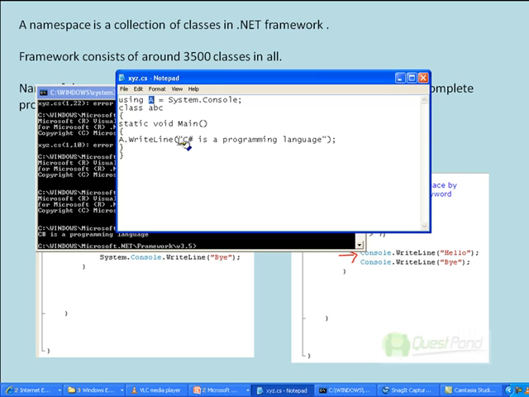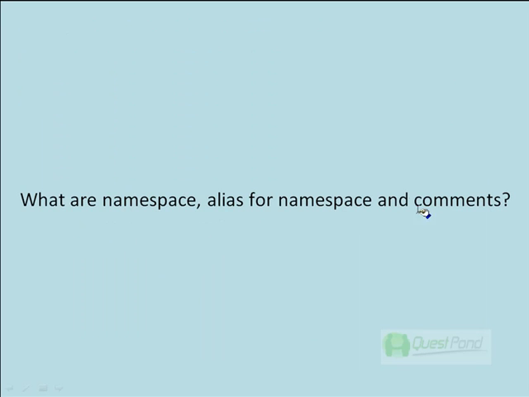So this is another way in which we can write the program, but this is not what programmers normally do; we have shown that you can also do it by declaring System.Console to a variable a. Now coming to the last part of our question, comments.